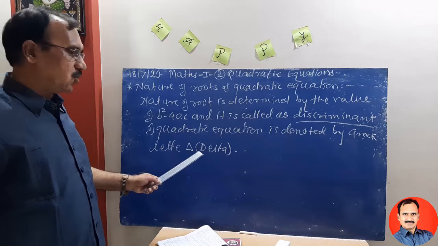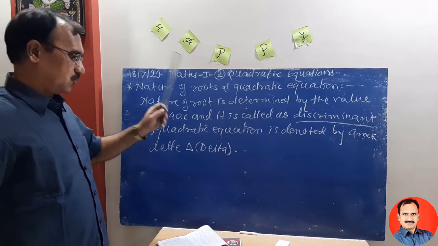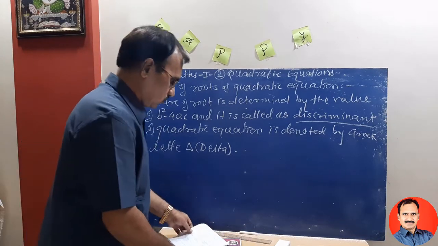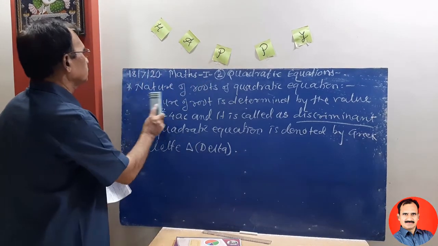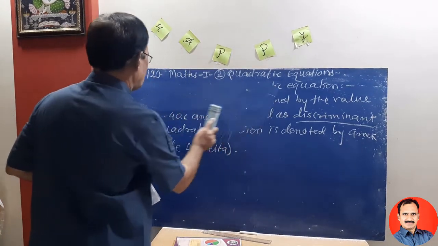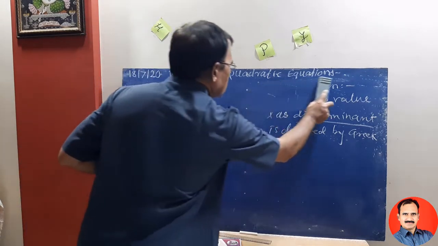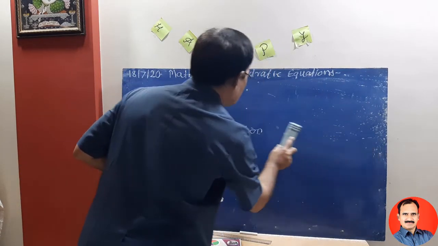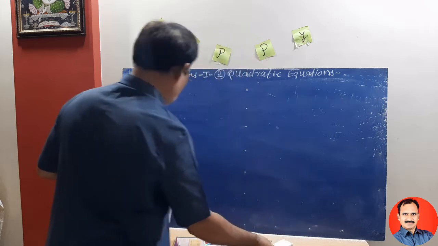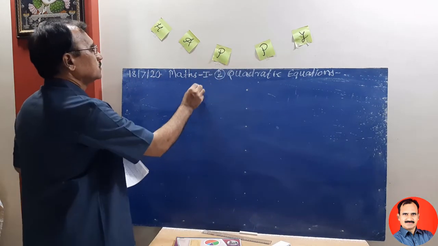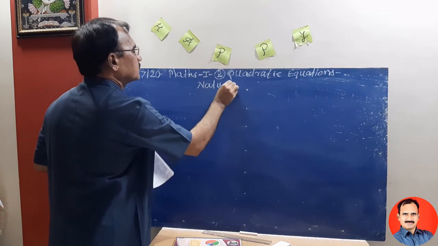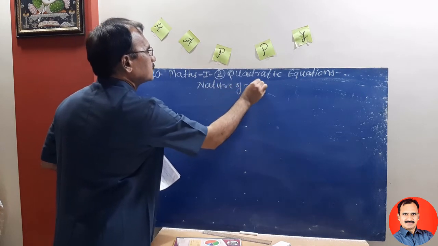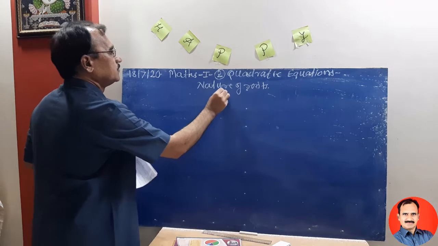If we know the value of delta, we can write the nature of roots. Now we see the next one, the nature. Write down this again.